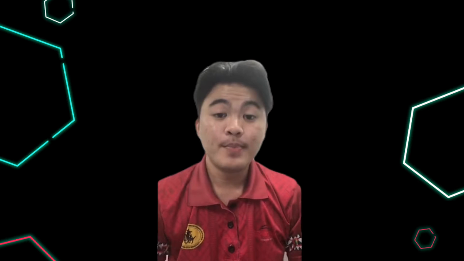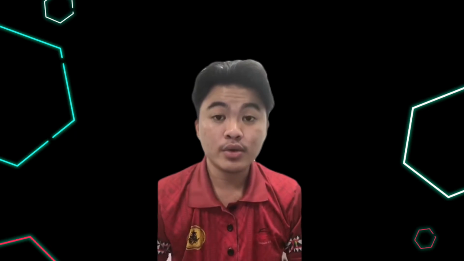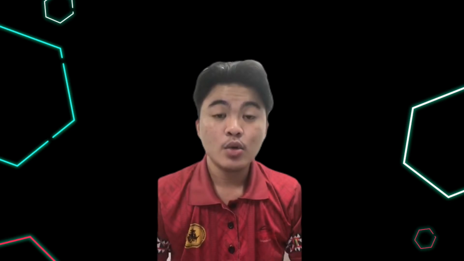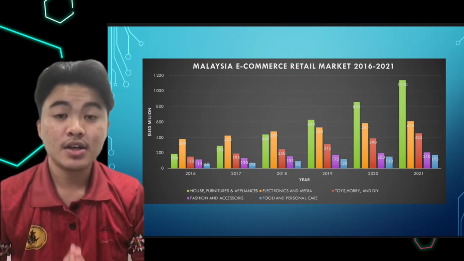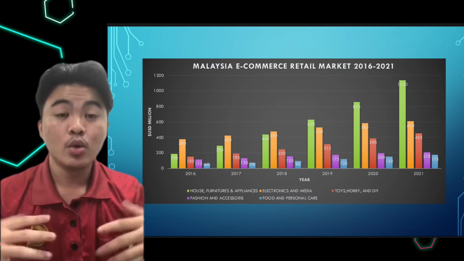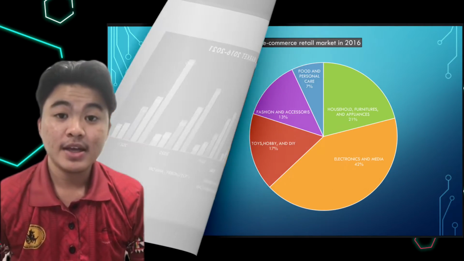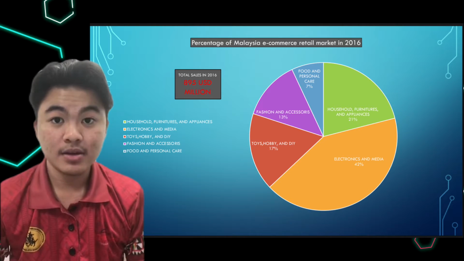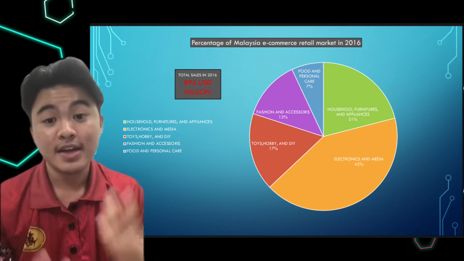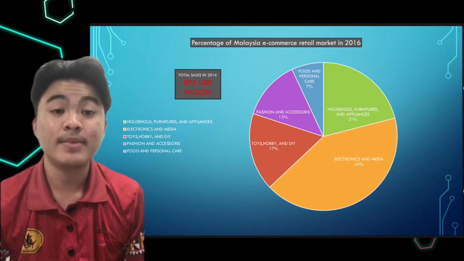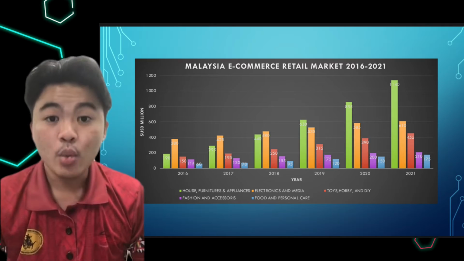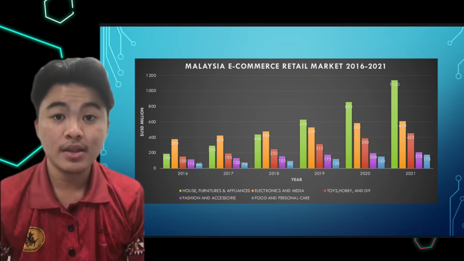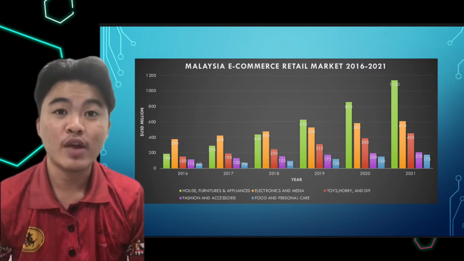Next, based on the given data that was shown in the infographics, we had generated a clustered column chart which will be explained by me, and a pie chart that will be explained by my fellow teammates later on. So let's start with the clustered column chart that is showing on your screen right now.